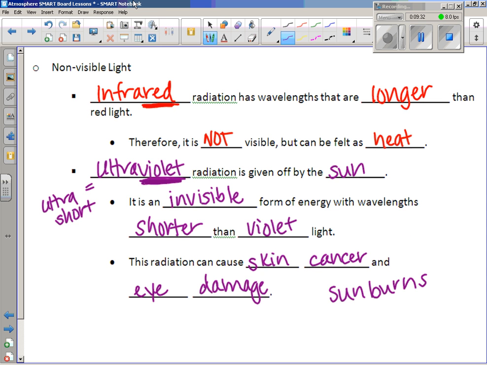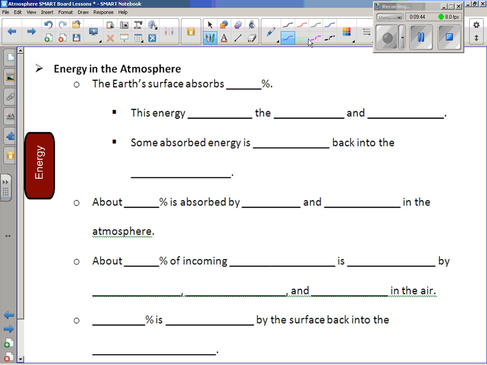Okay, so let's move on to talking about more of the energy in the atmosphere and what the Earth does with all this energy that's coming into the atmosphere. So the Earth's surface absorbs 50% of the energy coming in.